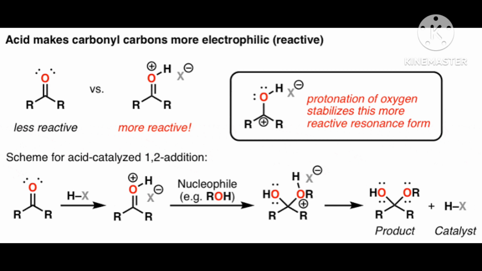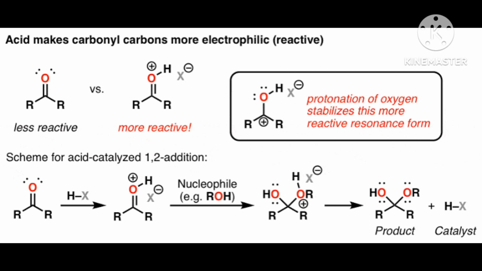Hence it is less reactive because it is stable. Benzaldehyde is stable. The polarity of the carbonyl group is reduced in benzaldehyde due to resonance, and hence it is less reactive than propanal. In propanal, it is not like that.